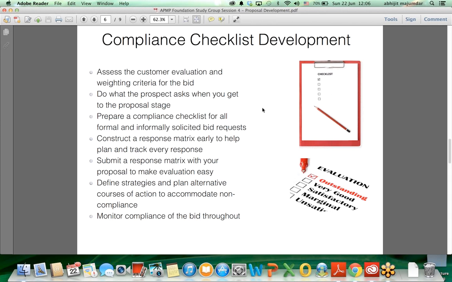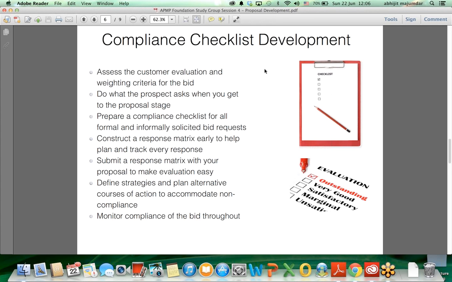So you need to see where the compliance is coming from, what the intent of that compliance is, and you need to prepare a compliance checklist for all formally as well as informally solicited bids.